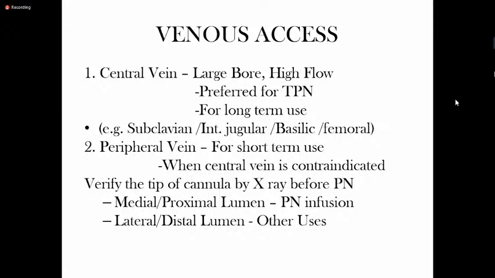The large bore high flow central vein is usually preferred, and it is for long-term use. These are the vessels we require: a subclavian, internal jugular, basilic or femoral. These are the veins that we need.